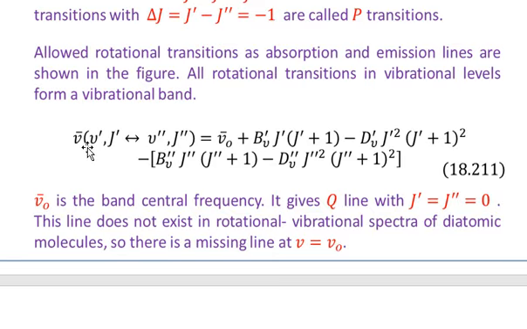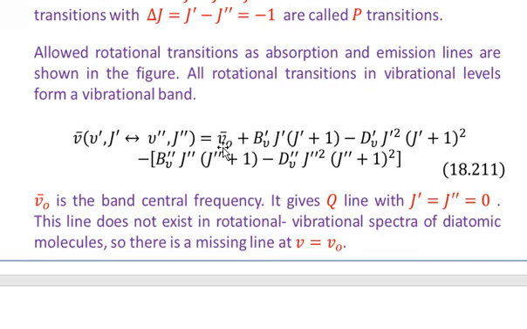So the wave number of the radiation emitted in the transition between these two sets of quantum numbers, V single prime, J single prime, and V double prime, J double prime, where V single prime stands for the vibrational level, J single prime stands for the upper rotational level. So these transitions will consist of two parts.